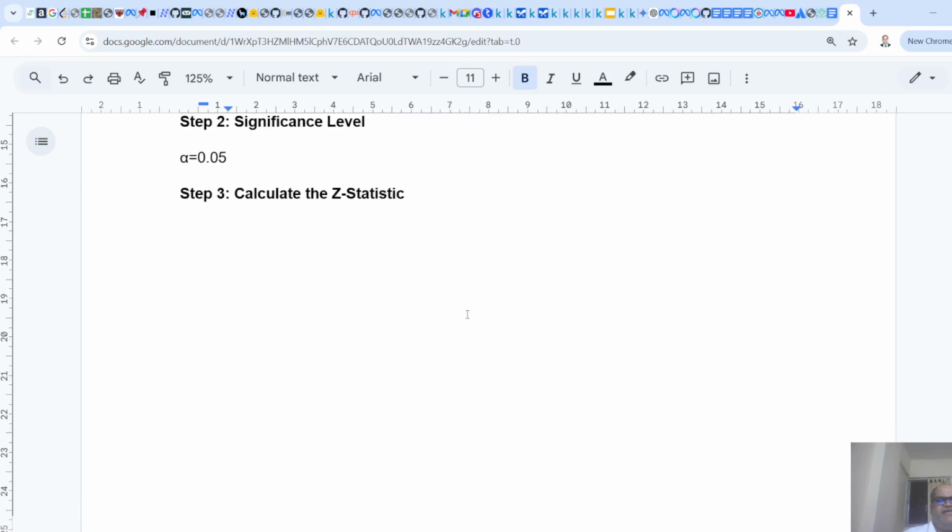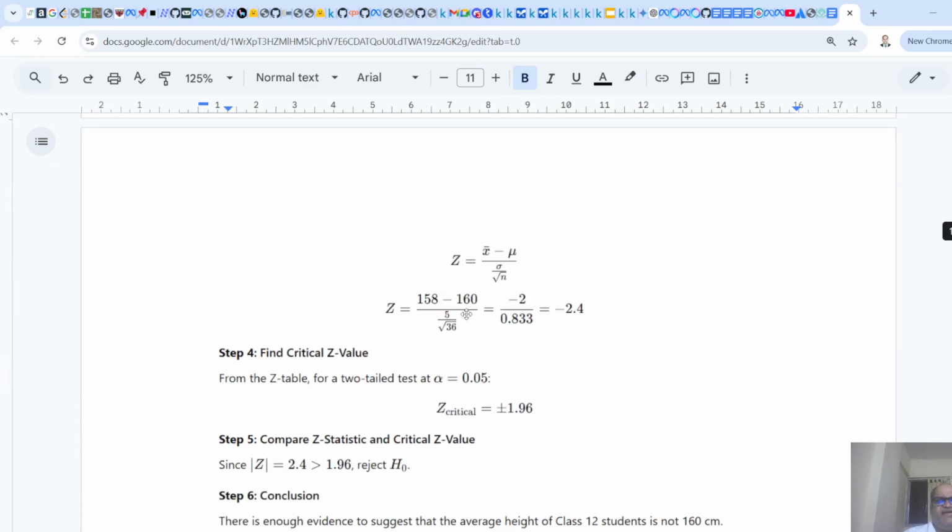So in the first level we decided. The test statistic in this case: your sample mean is 158, your class mean is 160, so you take that difference, your standard deviation was 5 and your sample size was 36, so you have 5 by 6, and then your Z value is 2.4 with a minus sign.